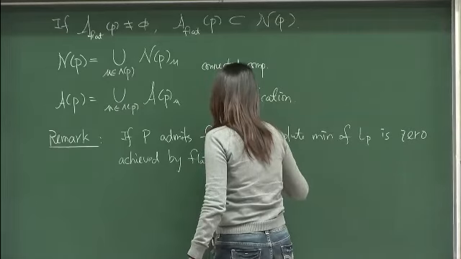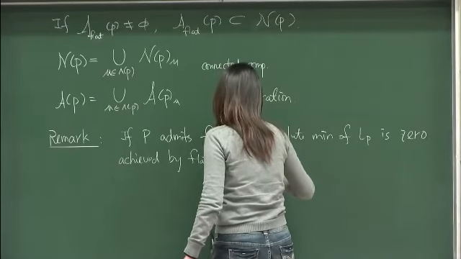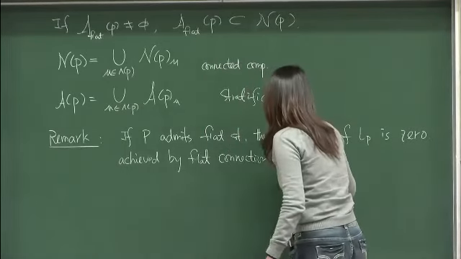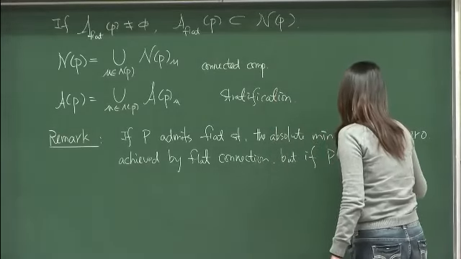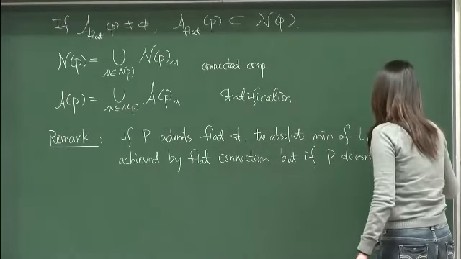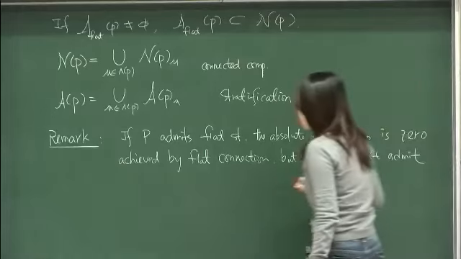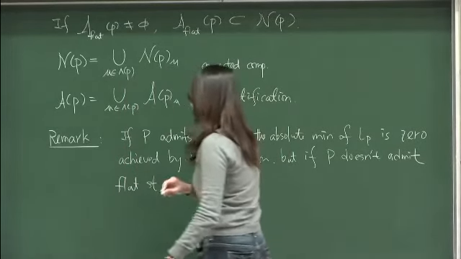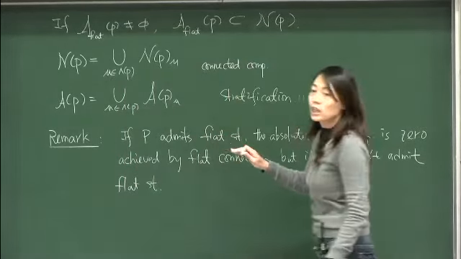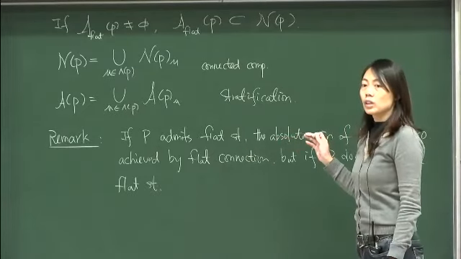So this is quite clear. But if P doesn't admit flat structure, then the absolute minima of LP is achieved by the central Yang-Mills connection.